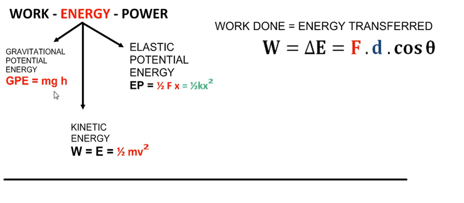It may have gravitational energy, it may have kinetic energy, it may have elastic potential energy, it may have only one or two of these. So the total mechanical energy of a body is the sum of its kinetic and potential energies. That means that we can say that total mechanical energy equals kinetic energy plus gravitational potential plus elastic potential. Now, a body may have all three of these, or it may have just one or two of them.